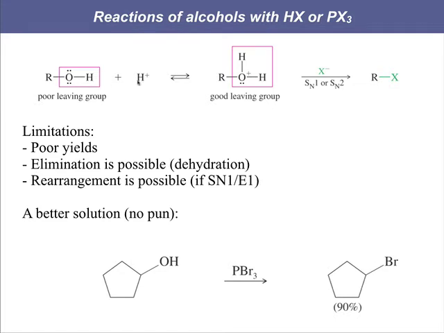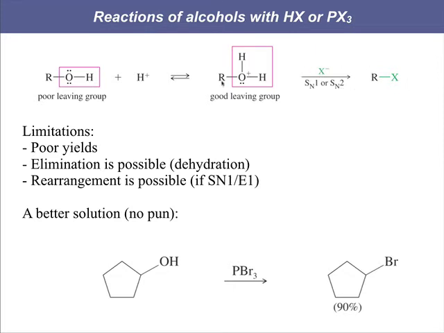Now, if you want to replace an alcohol with a halogen, I've just showed you a way to do it. You can convert the OH into a good leaving group by making it into a tosylate and then use bromide to displace the tosylate, and you get the RX. You can do it with acid, where you would take your acid, protonate your alcohol, that would turn your OH into water, which is a good leaving group, displace it with an X- by SN1 or SN2, and you get your RX.